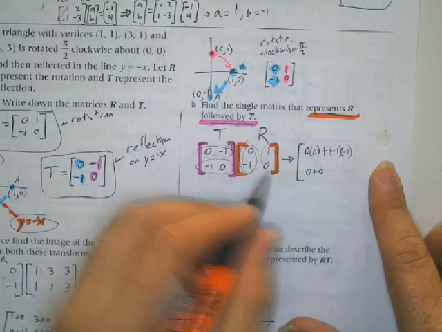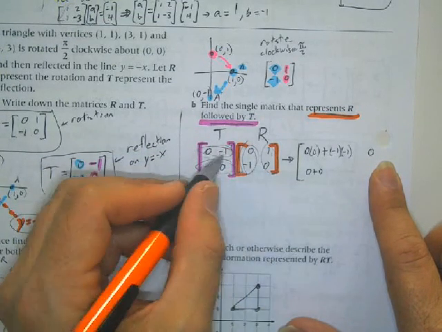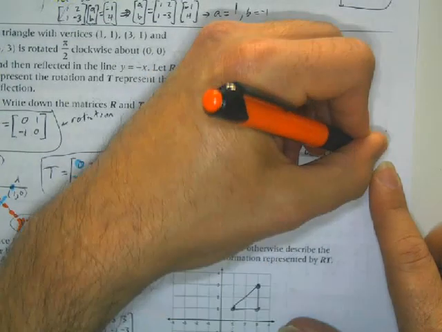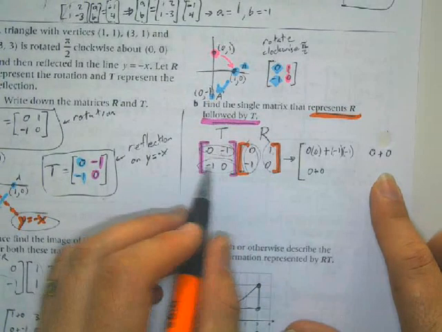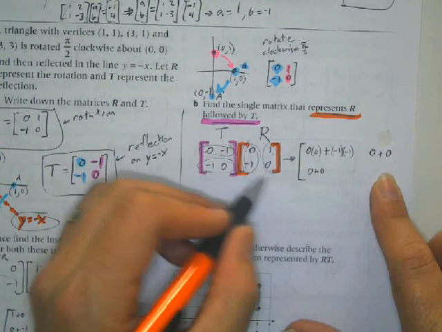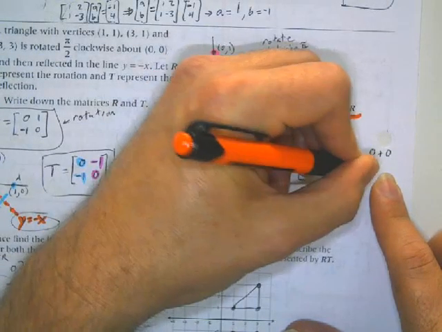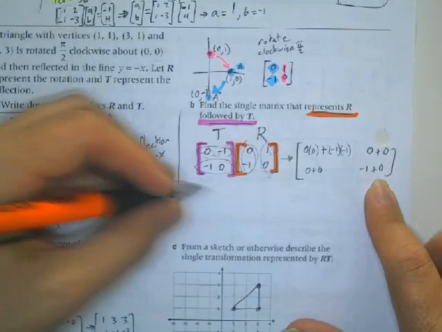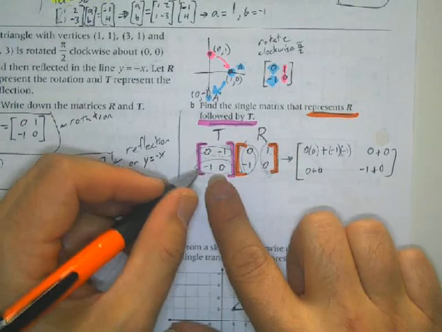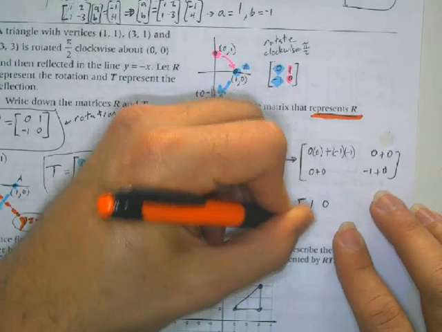So that's 0, and -1 times 0 is 0. And then to get this bottom thing, it's this bottom row times this column here. So -1 times 1 is -1, and then 0 times 0 is 0. So the result matrix of multiplying this by this gets me 1, 0, 0, -1.